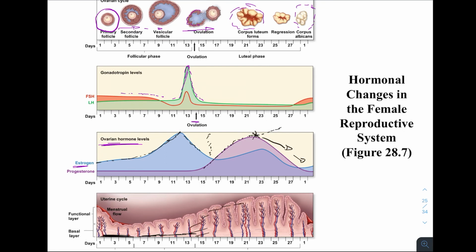Then that's the hormone that is able to bring that endometrial lining to a very, very large thickness, which allows for implantation. If there is no fertilized ovum that tries to implant, what's going to happen is we lose that corpus luteum. It turns into the corpus albicans. That means we don't have the progesterone that can keep this endometrial lining thick, which means we end up getting menstrual flow again at the end of this, and we start this all over again.